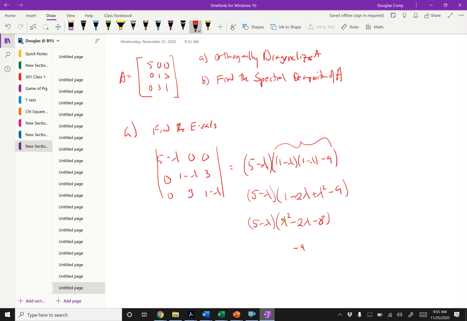Well, negative 4 and 2. So lambda minus 4 and lambda plus 2. So if I have lambda equals 5, lambda equals 4, and lambda equals negative 2, those are my eigenvalues.